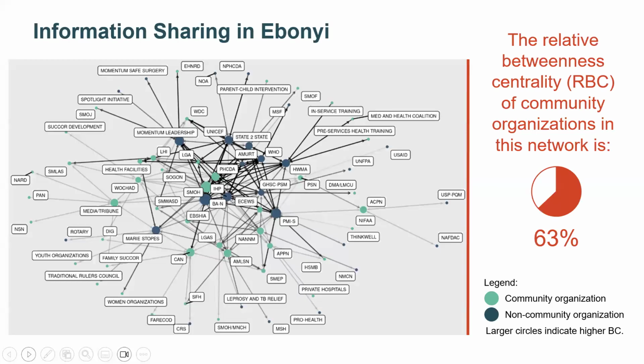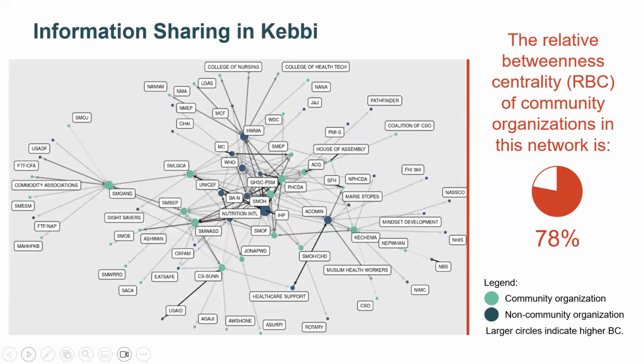First, we'll look at states' information sharing networks. This is Ebony, and 63% of non-community organizations have betweenness centrality values below the mean for community organizations. Next, please. Here in Kebbi, the result is a little bit higher at 78%.